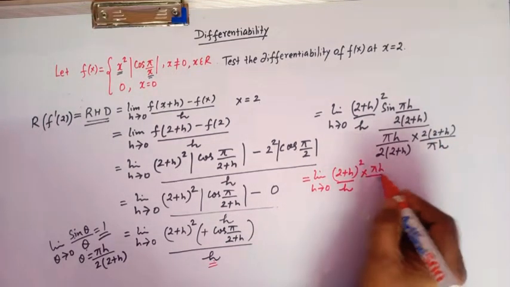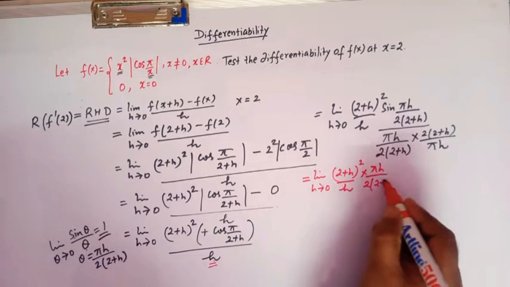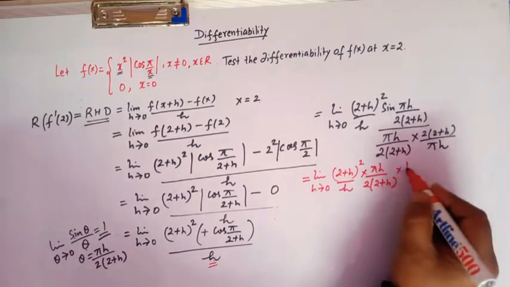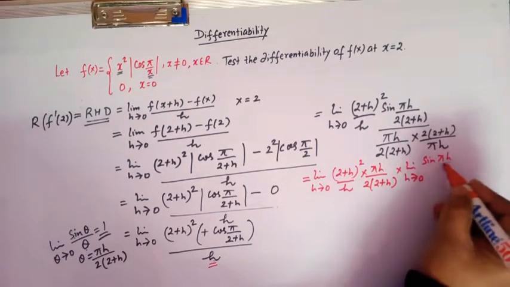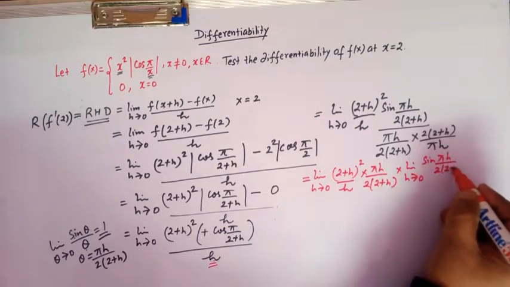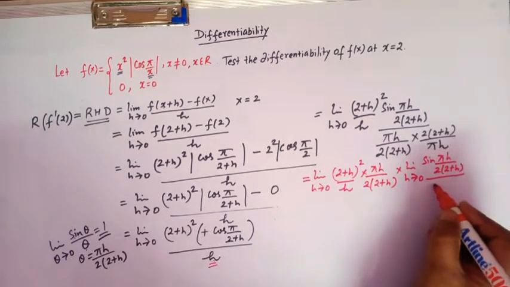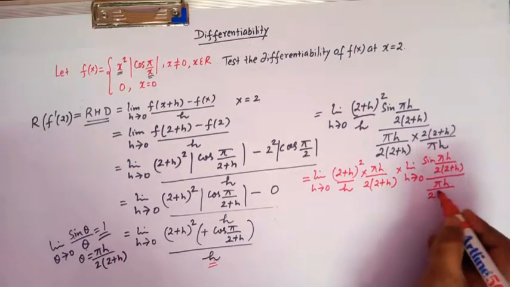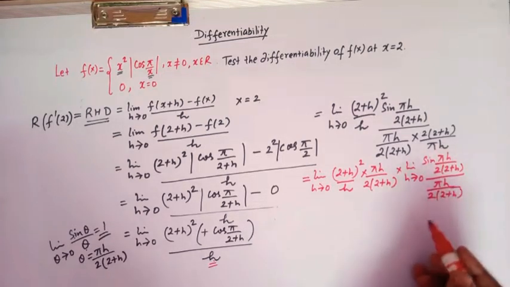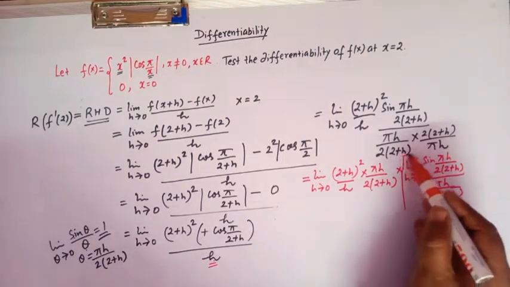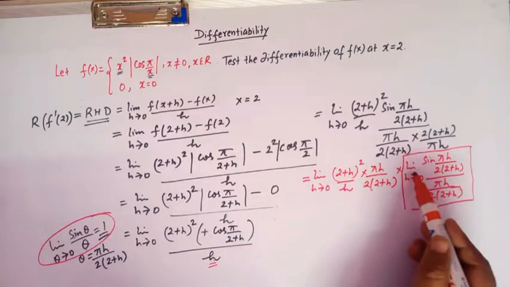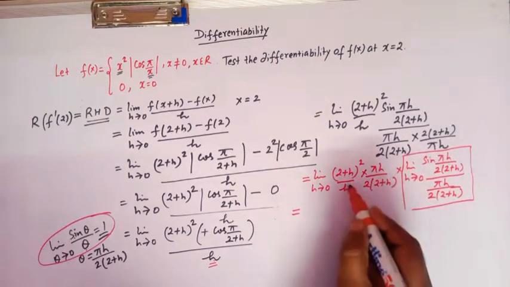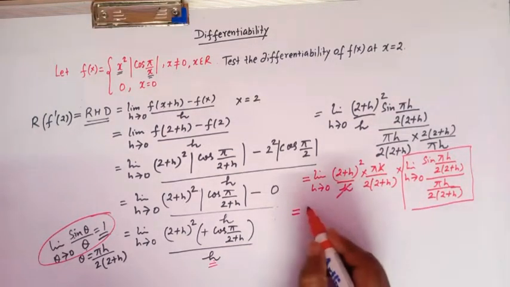We can write it as pi h over 2 times (2 plus h), and we have limit h tends to 0 of sine of pi h over 2 times (2 plus h) divided by pi h over 2 times (2 plus h), right? So now this limit is identical to this limit, right? So the value of this limit is 1, and here we have h and h get cancelled.